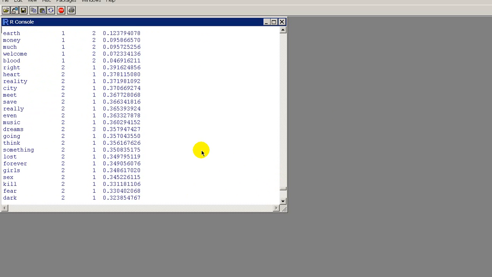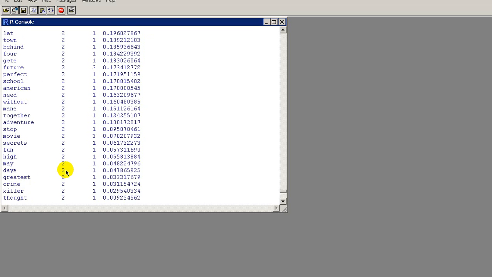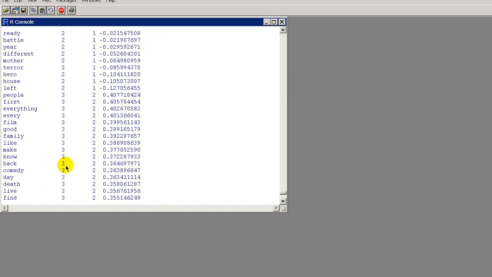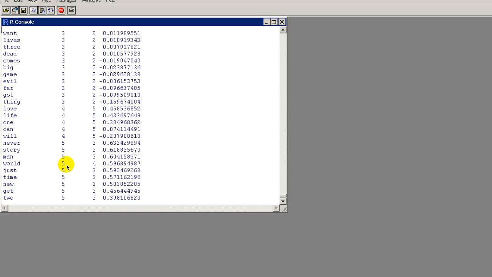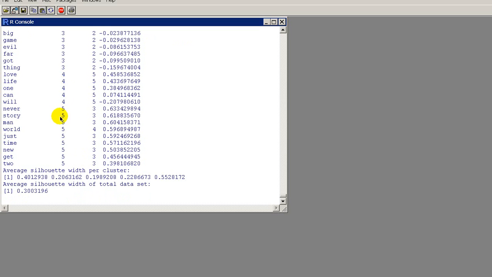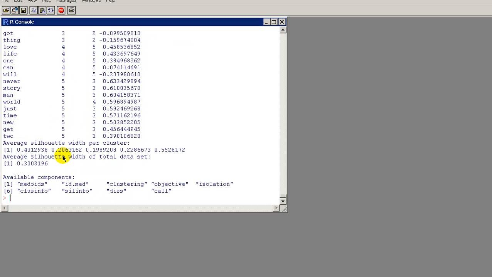Okay, now these are the words that are being put into group 2. And then these are the words that are being put into group 3. And then 4 and 5. So groups 4 and 5 are very small. Okay? So that's what we got.